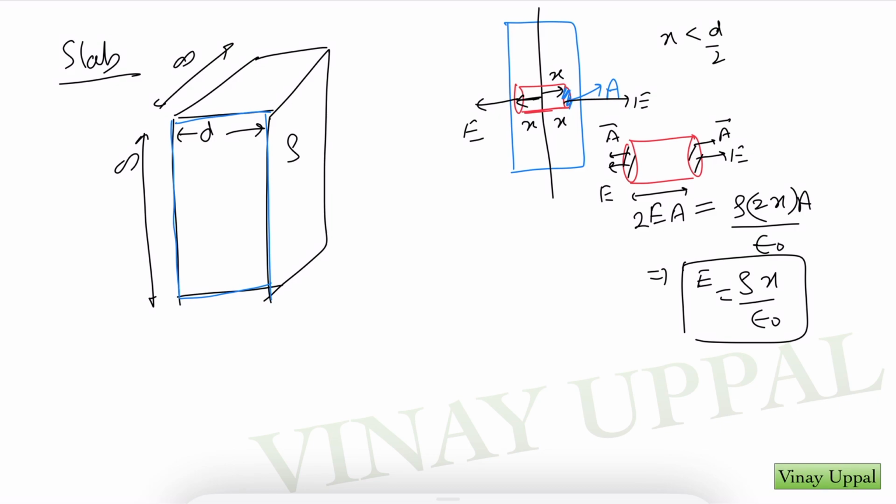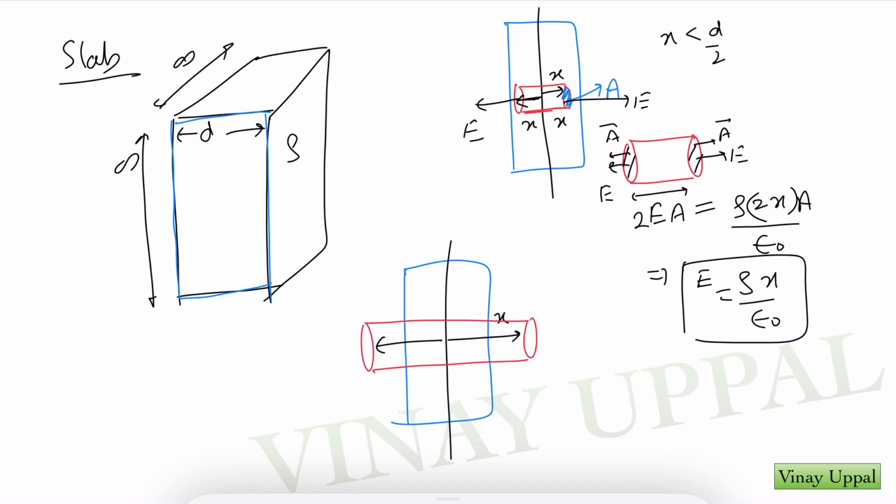What about the electric field outside? Very similar. So outside I'll consider again a Gaussian surface symmetrically, whose length would be 2x. Let's say area is A. So I'll write the same equation. Only thing here is that the charge enclosed will only be inside the slab.